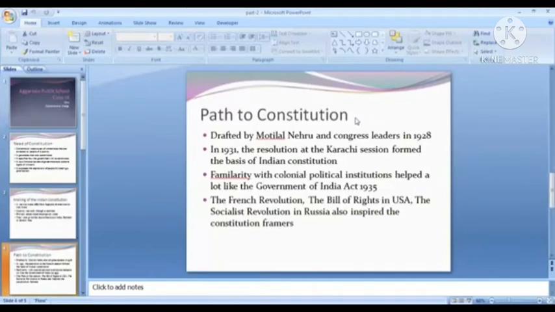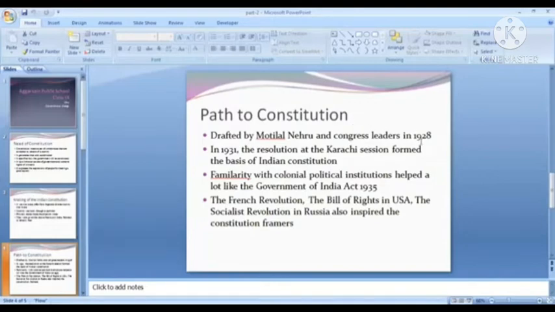Mean how the path for the constitution of India was cleared. It was drafted by Motilal Nehru and Congress leaders in 1928. Before independence, Indian leaders worked for the Constitution of India.